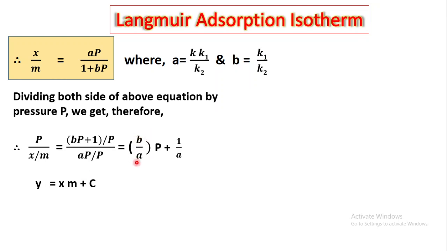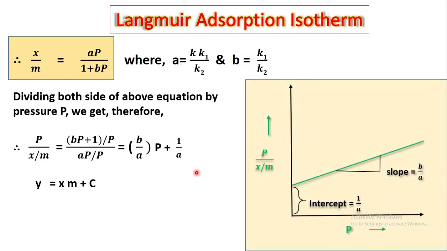If we plot this y term, p upon x upon m, versus pressure, then we get this kind of curve. On the y-axis we have plotted pressure upon extent of adsorption, and on the x-axis we have plotted the pressure.